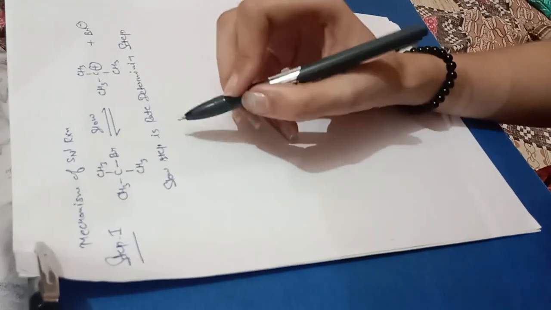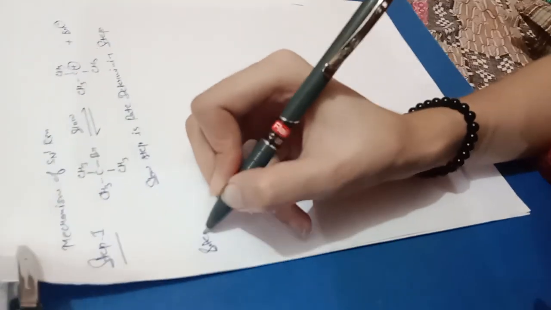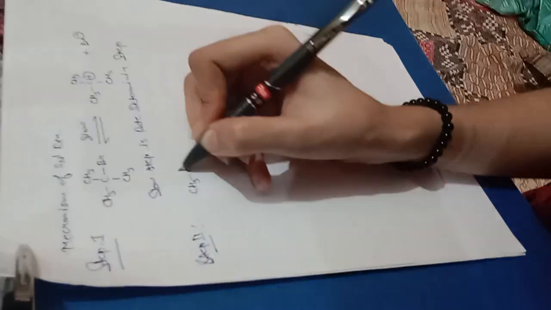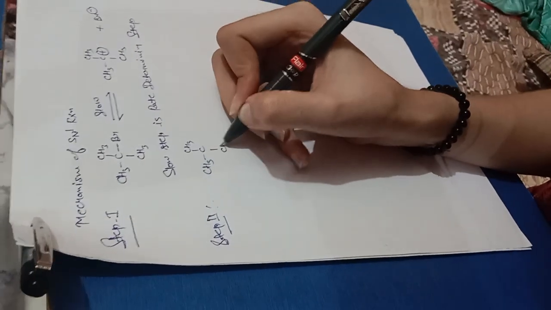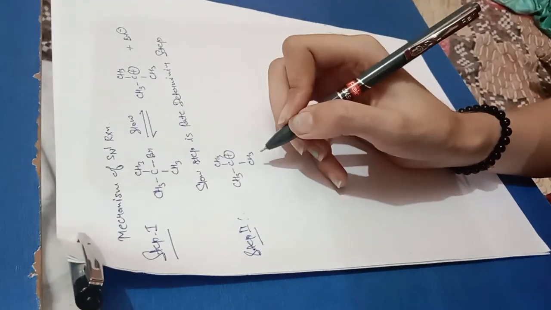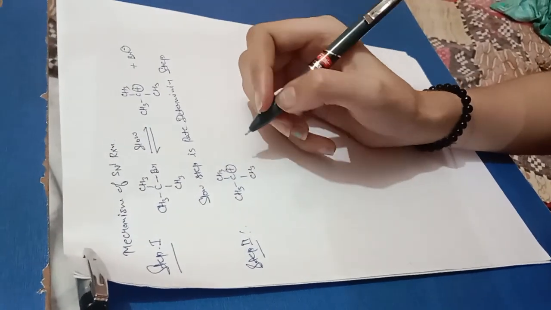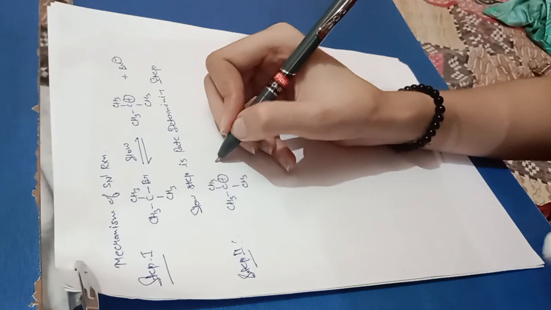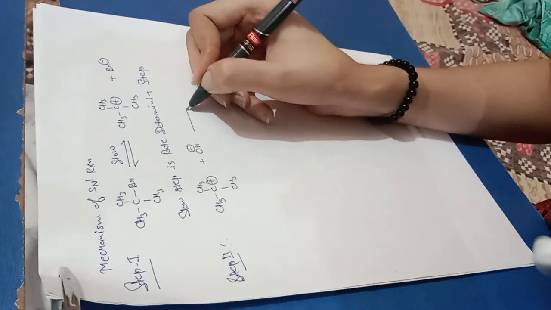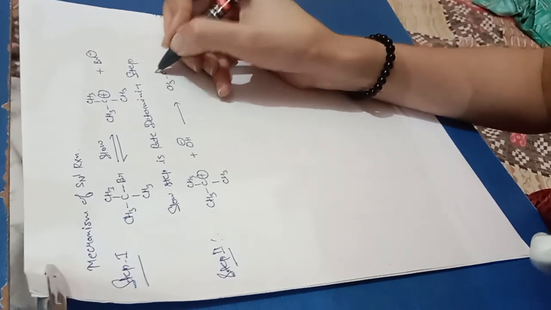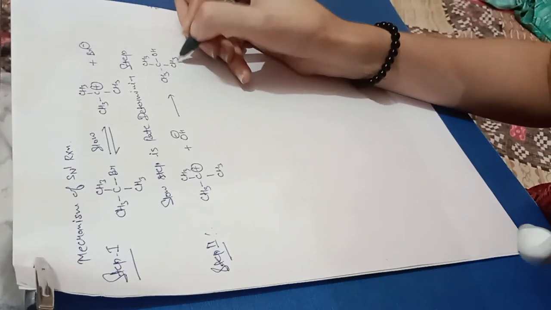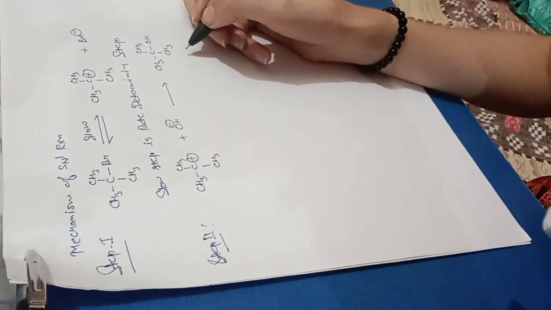Okay, so in the second step, the carbocation is a highly reactive species because it is unstable, because its octet is not complete, so it is easily attacked by the incoming nucleophile. Tertiary butyl alcohol will be formed as the final product.